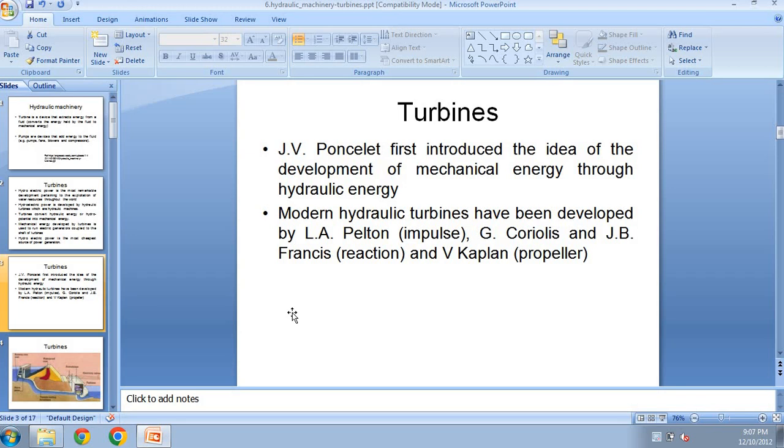These are the names of the inventors who modified the old water wheel.